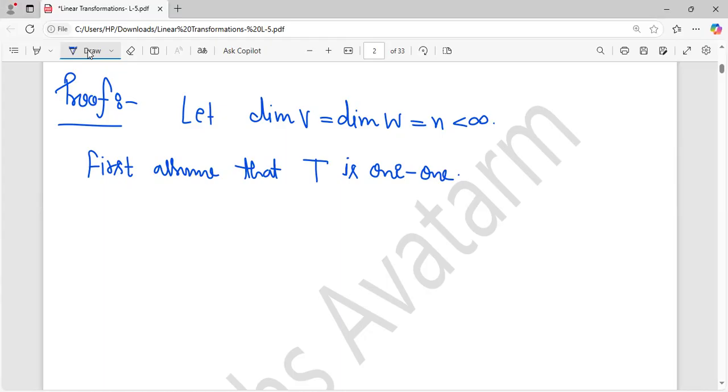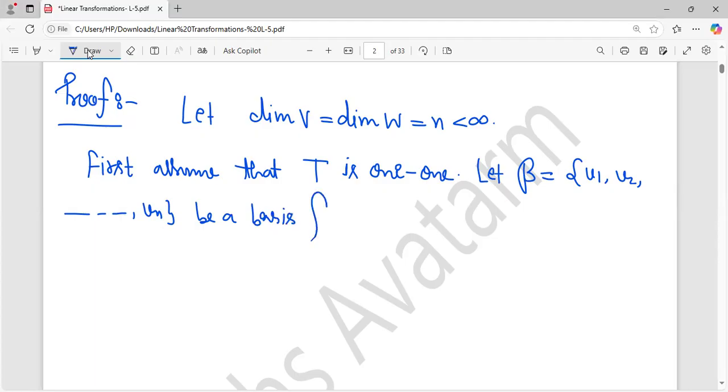Let B is equal to {v1, v2, up to vn} be a basis for V.